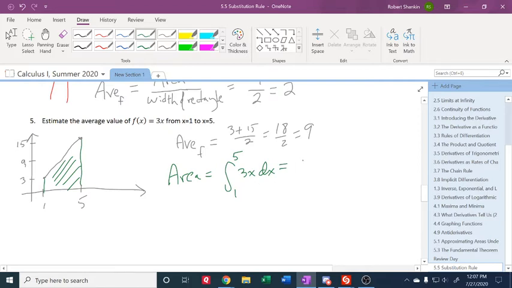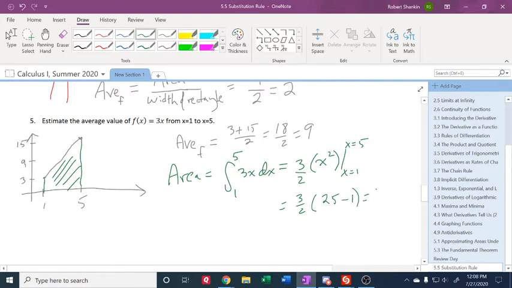The integral of 3x, the 3 comes out front, you get x squared over 2. I'm going to put both constants out front. I'm going to put x equals 1 to 5. And then that's going to be 25 minus 1.